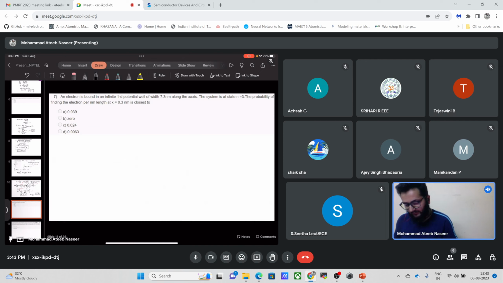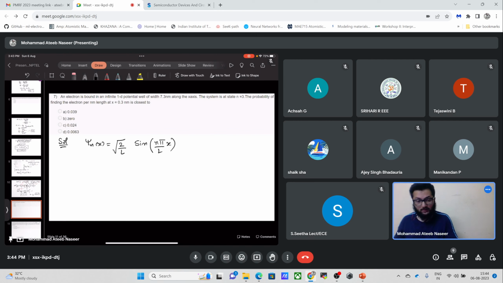As we have seen previously for this one-dimensional quantum well problem, psi of n is simply given by root of 2 by L sine of n pi by L of x.